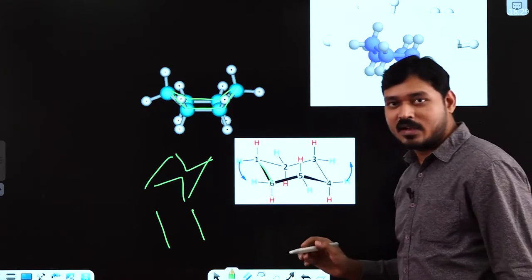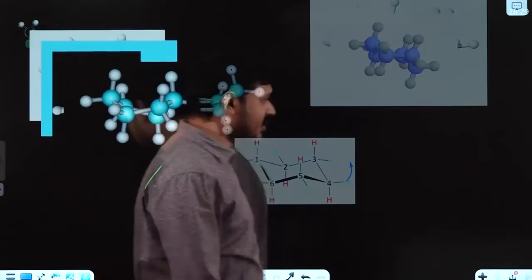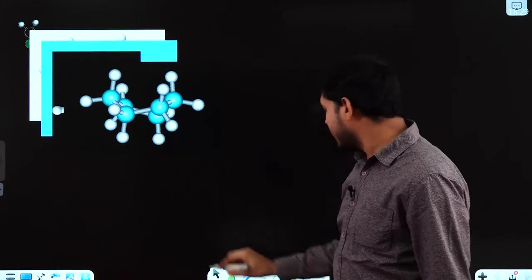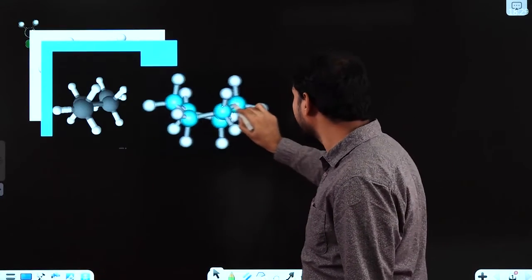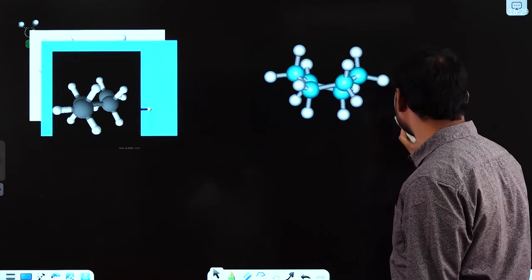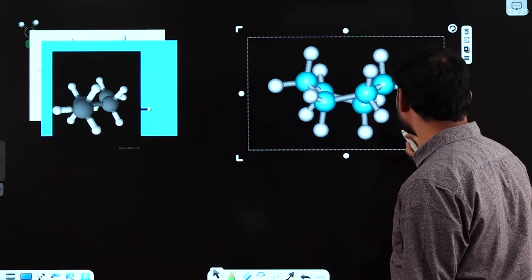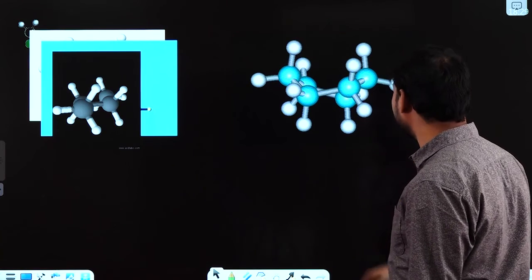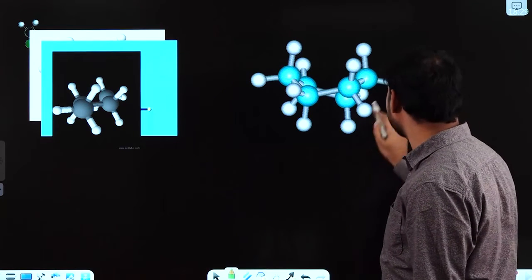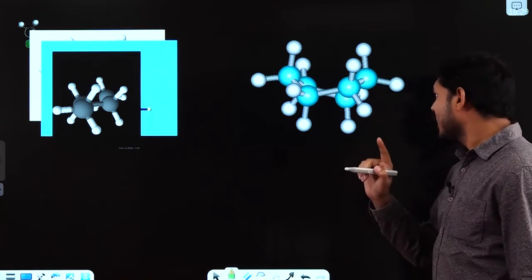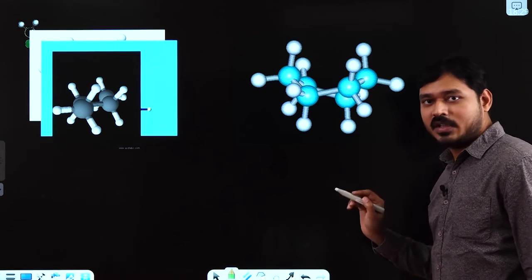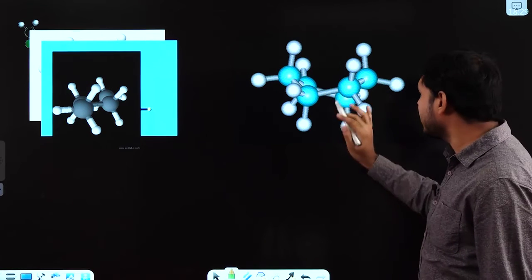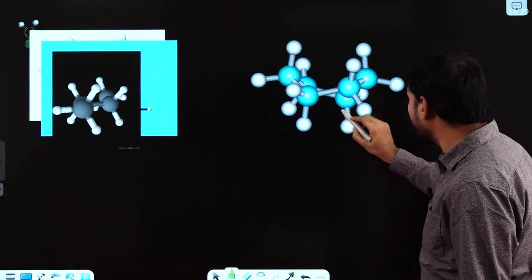So let's take a few more examples. Let's see these structures one by one. Now what is this telling? If you observe it perfectly, you will find that this structure is all about the twist boat.